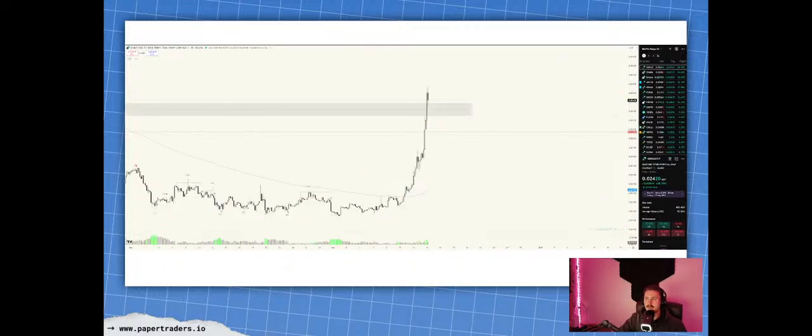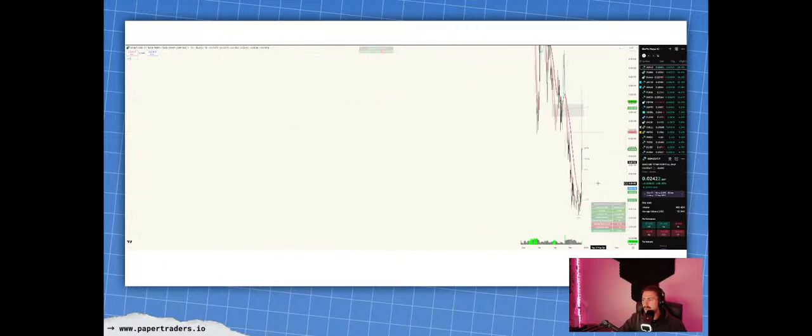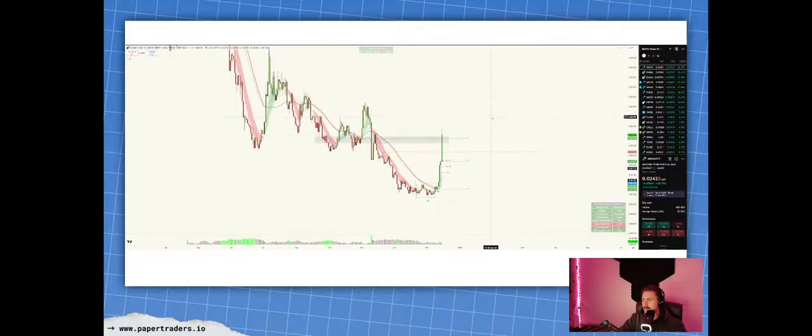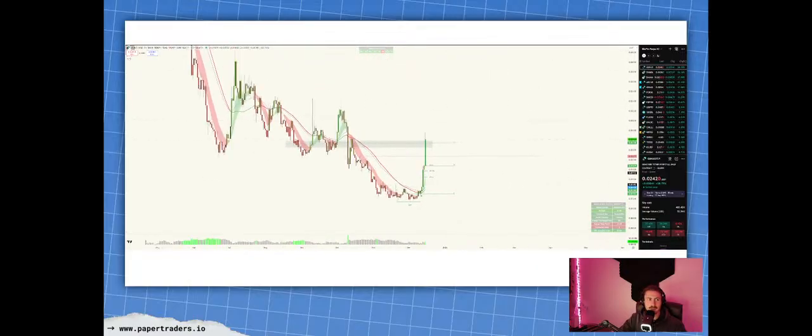If you guys are not familiar with Crack CR8K trading, go check him out. He's really good with these coding indicators. He's phenomenal. You can see this hourly, so something to look for.